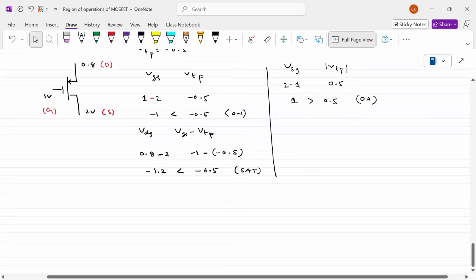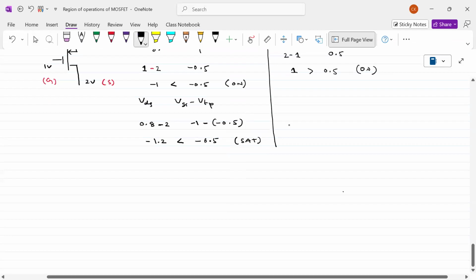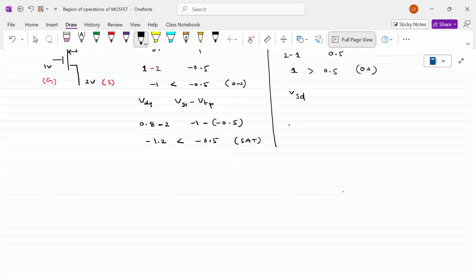Now what about VSD compared with VSG minus the magnitude of VTP?